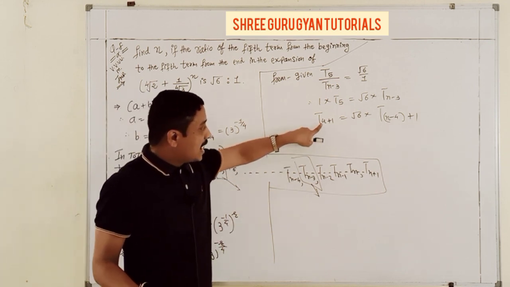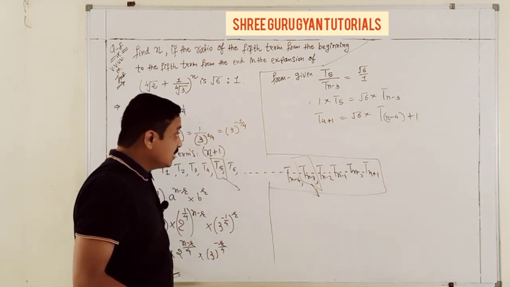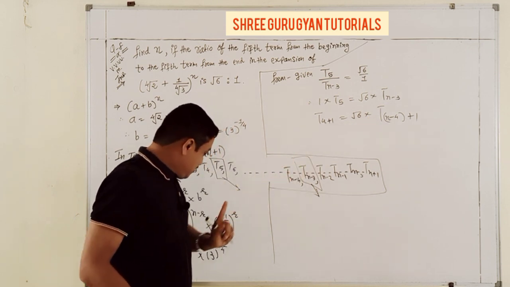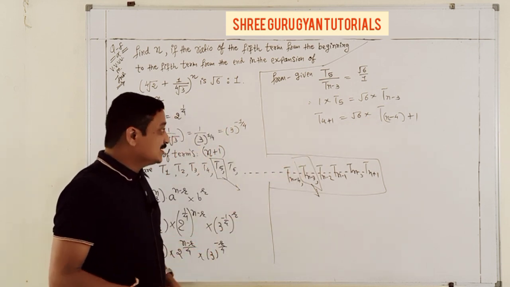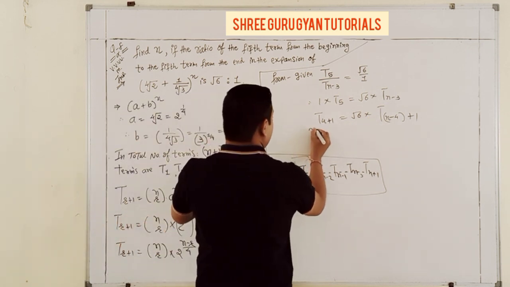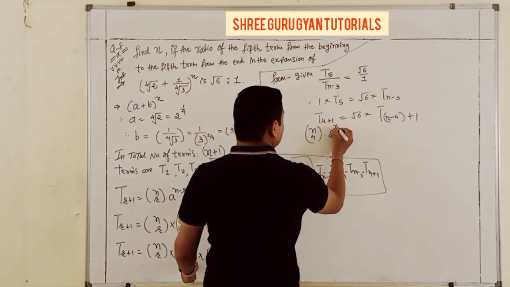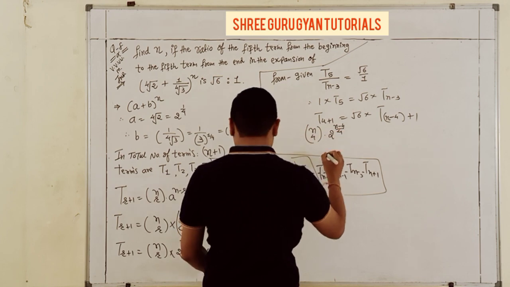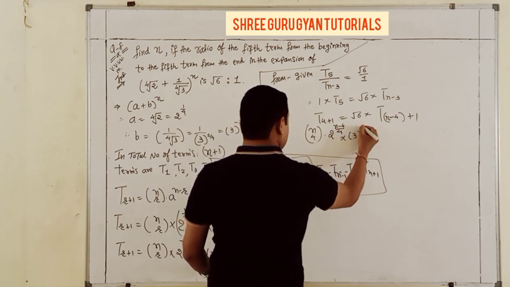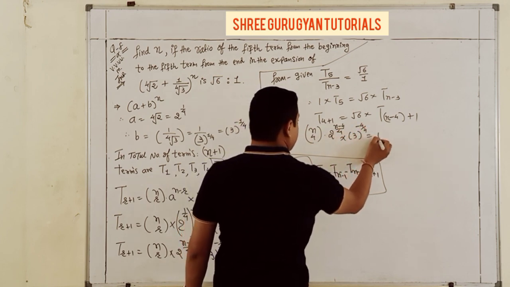Now here r is 4, and there r is n minus 4. So first, nC4, r becomes 4, 2 raised to (n minus 4) by 4, 3 raised to minus 4 by 4.